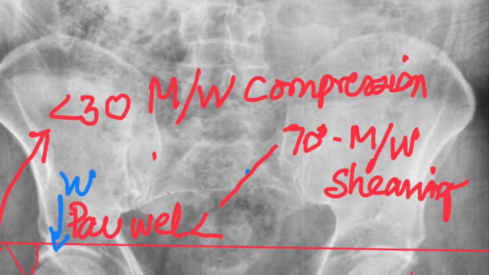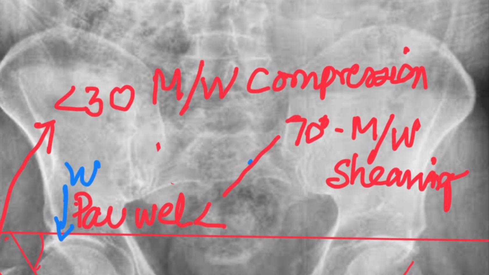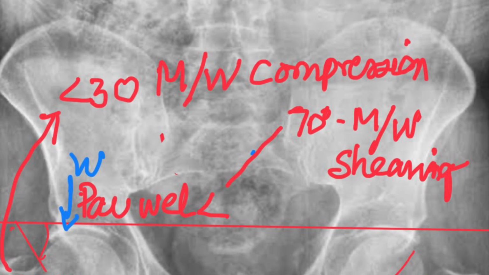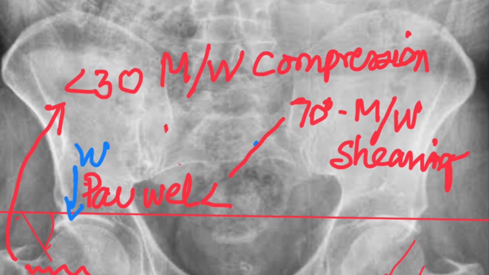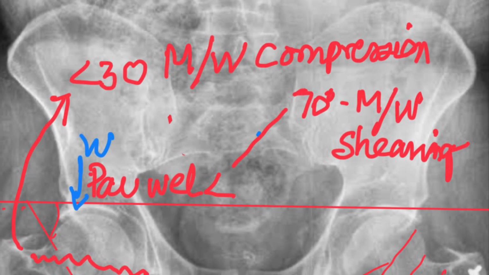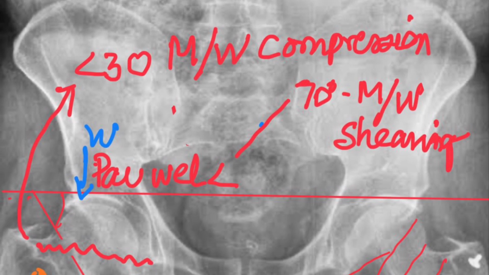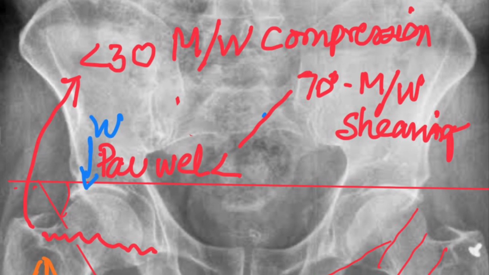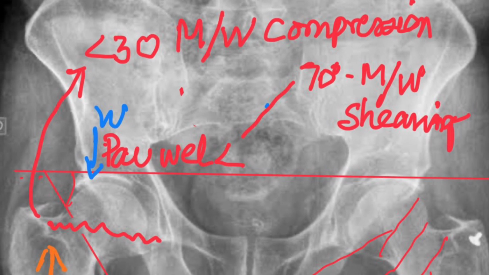If the fracture is vertical, that means the Powell's angle is 70, then the weight and the muscle forces pulling the trochanter upwards will cause a shearing stress on the fracture, and the fracture will not unite. However, if the fracture is horizontal, that means the Powell's angle is 30 degrees or less, then the weight and the muscle forces will produce a compression stress, and these fractures are more likely to unite.